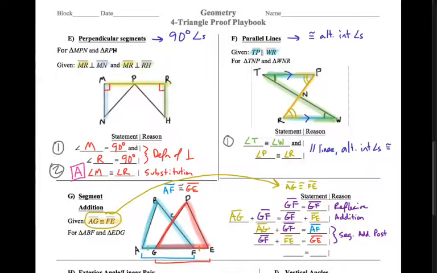Now, the whole purpose of this is to show that AF is congruent with GE. Well, here's what we got here. We got AF is congruent to these two things. GE is congruent to these two things, which are equal to each other in the line above. AG plus GF is equal to AF. GF plus FE is equal to GE. They're equal to each other, so AF is also equal to GE.